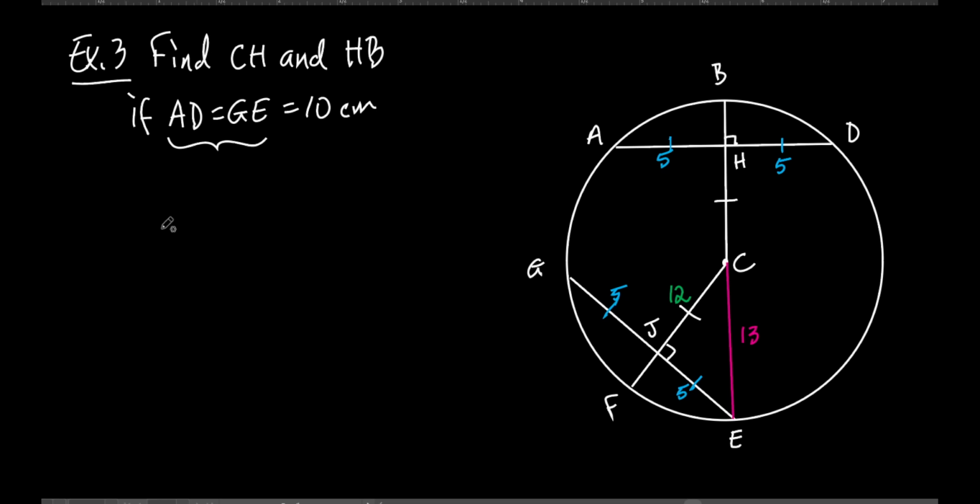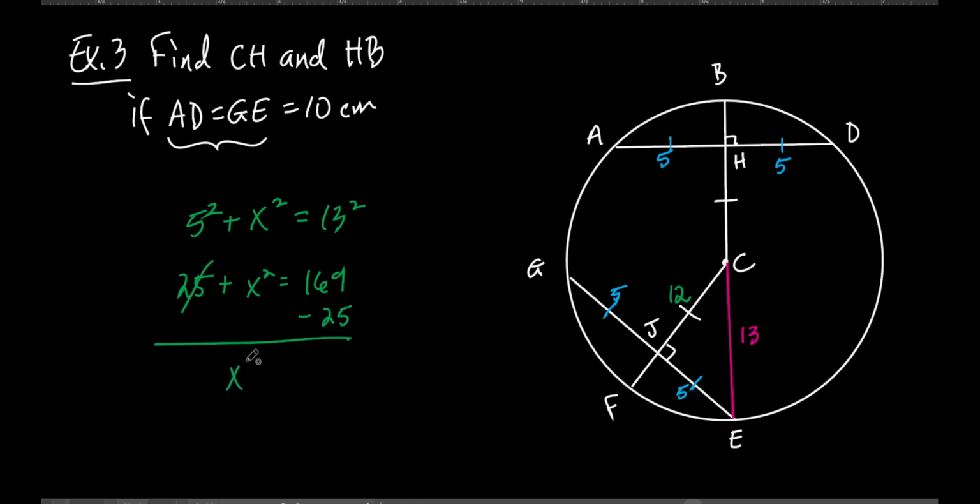Let's just do it real quick. I got a couple minutes, and this is the last thing we're doing anyway. So what is it? 5 squared plus, let's just call it x squared, equals what? 13 squared? Yeah? 25 plus x squared equals 169. Subtract 25.